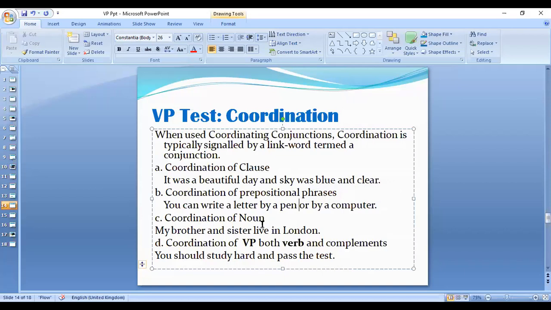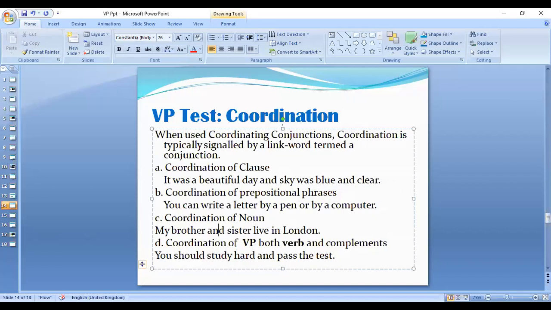Here, coordination of nouns: my brother and sister live in London. With the coordination of "and", "my brother" is a noun phrase and "sister" is a noun phrase, coordinated as two nouns. With the help of this coordinating conjunction, "live in London" is a verb phrase.